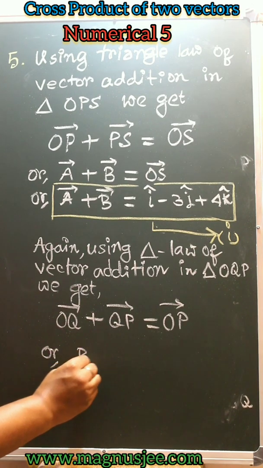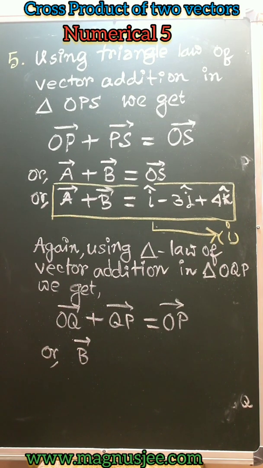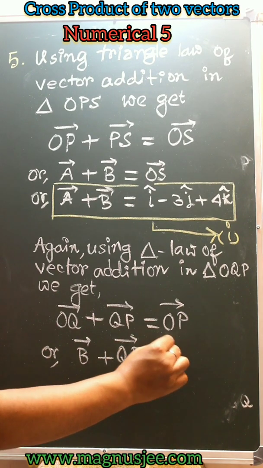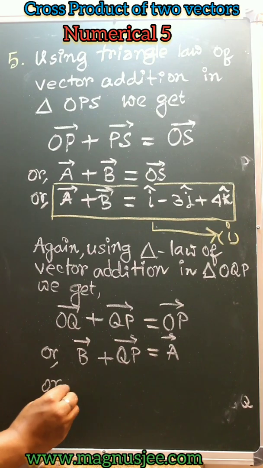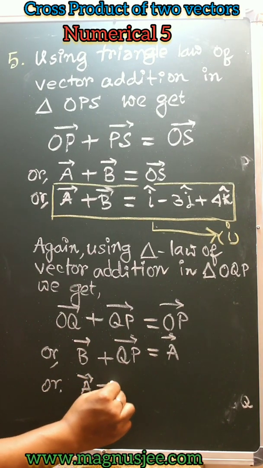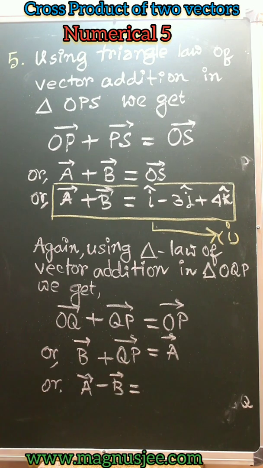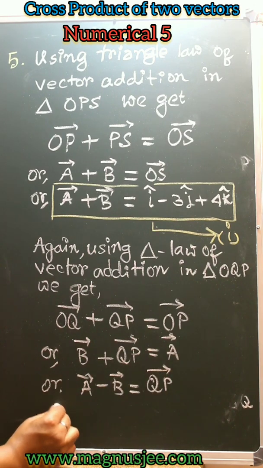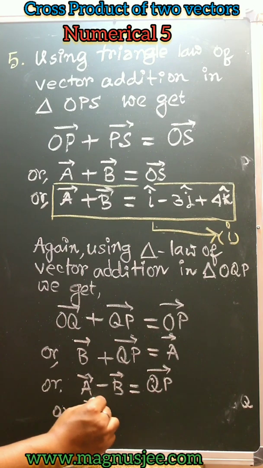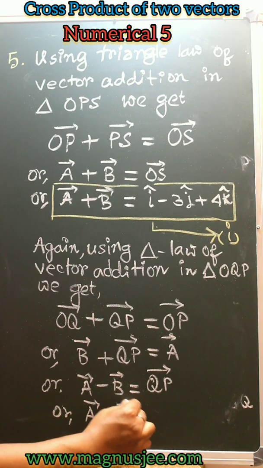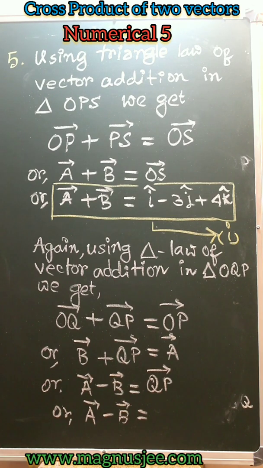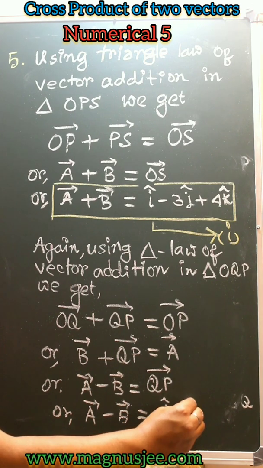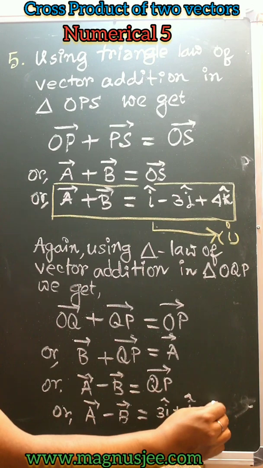Vector B plus vector QP, vector QP is another diagonal, vector OP is vector A. So vector QP equals vector A minus vector B. Now putting the expression of another diagonal, vector A minus vector B is equal to 3i cap plus j cap plus 2k cap.